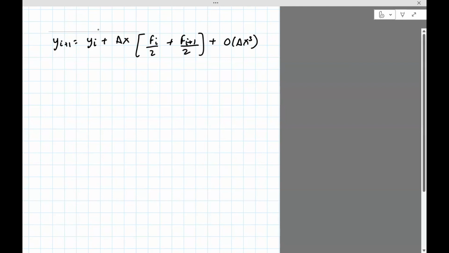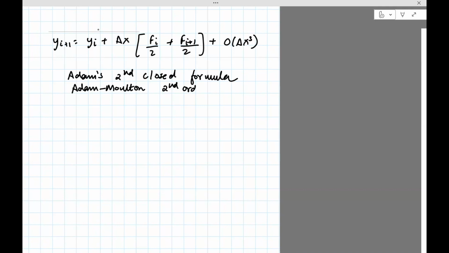This is Adams' second closed formula, or Adams-Moulton second order formula.